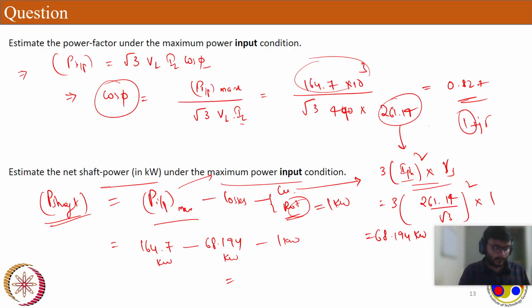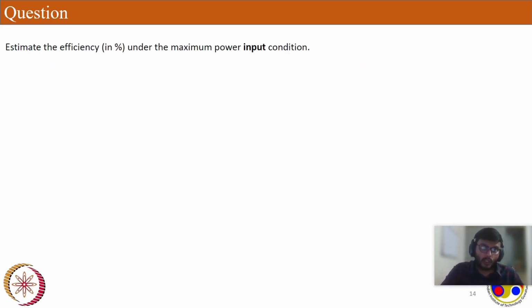So you are getting 96.5 kilowatt. Okay. So this is the total useful shaft power out of the total input power of 164.7 kilowatts.